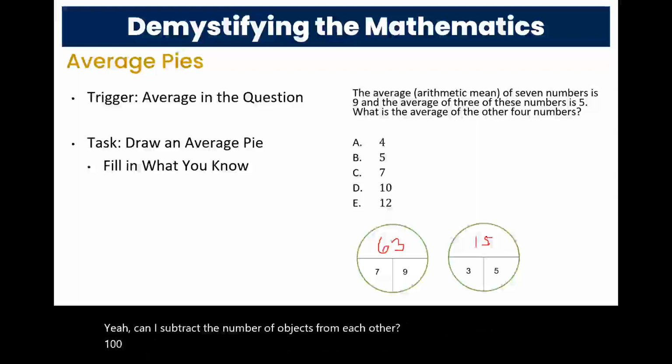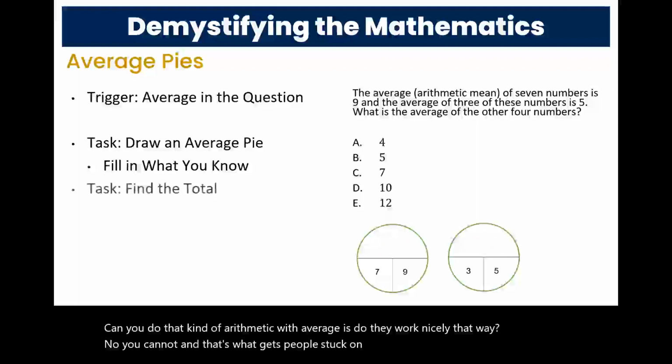Can I subtract averages from each other? Can you do that kind of arithmetic with averages? Do they work nicely that way? No, you cannot. And that's what gets people stuck on these.